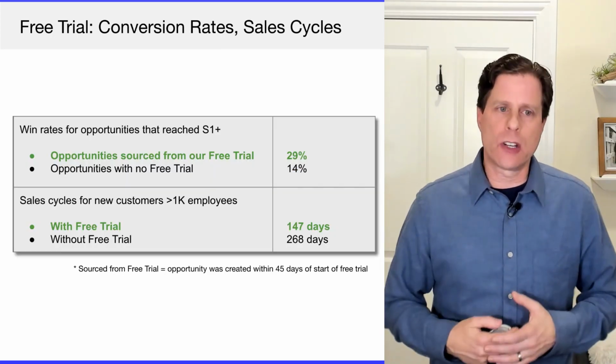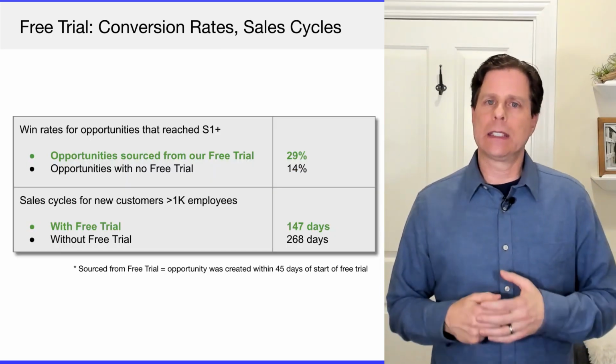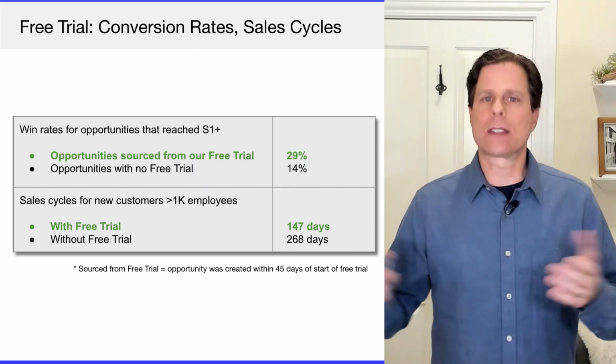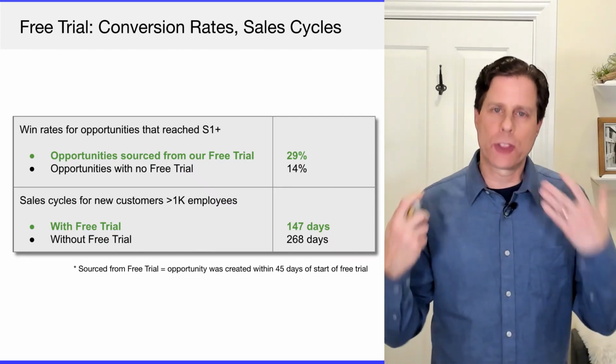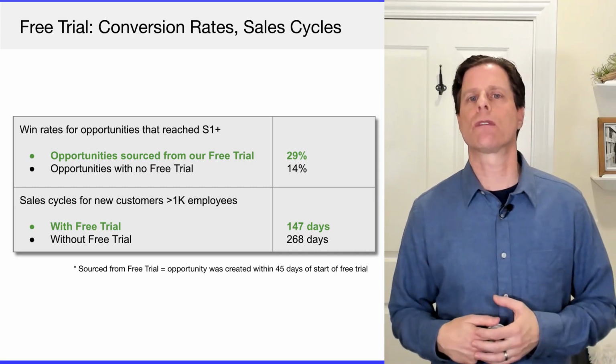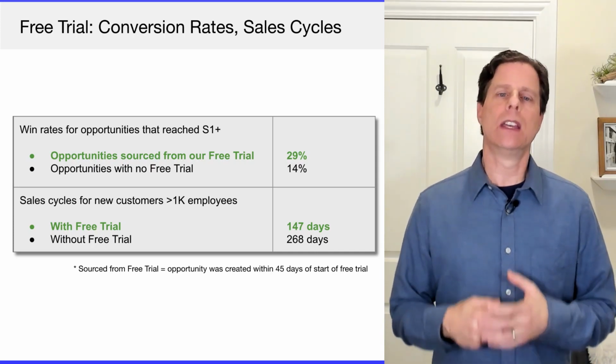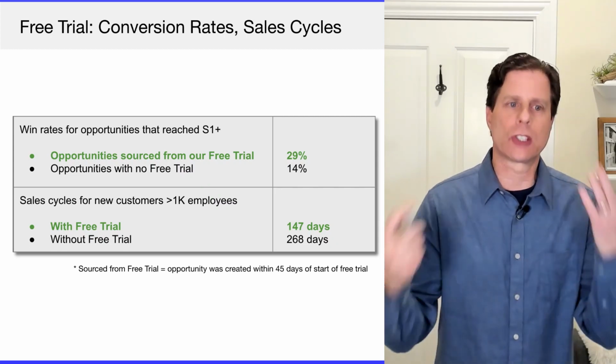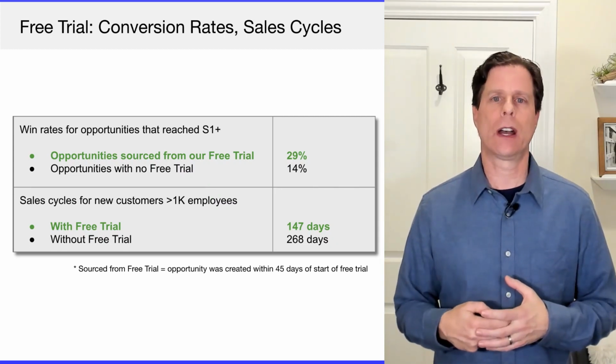If we look at some other numbers and we look only at deals that made it to at least sales stage S1, which is the 3rd stage in our sales process, we see that for opportunities that were sourced from the free trial, the close rate there is 29% versus 14% if there was no free trial.